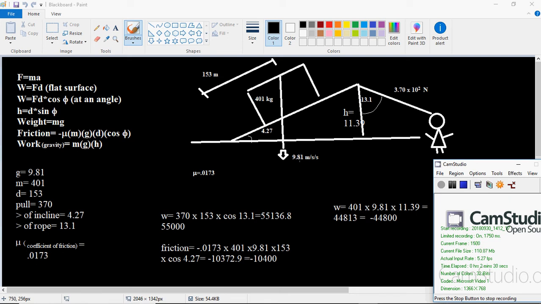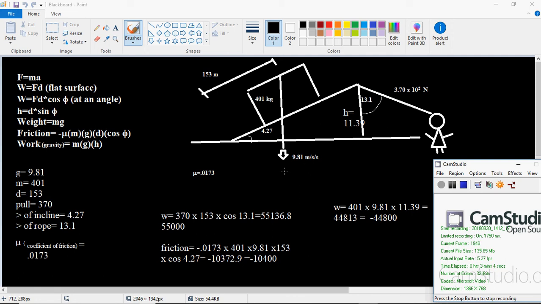Gravity accelerates at 9.81 meters per second squared, and it is acting on this 401 kilogram cart. So that is our mass times acceleration, which gives us weight. And weight is a force. Sorry, we'll be using this. Okay.